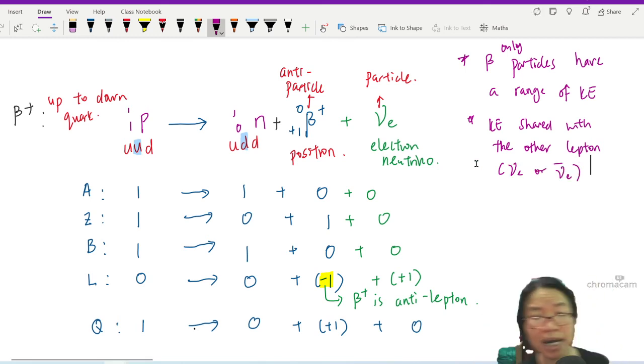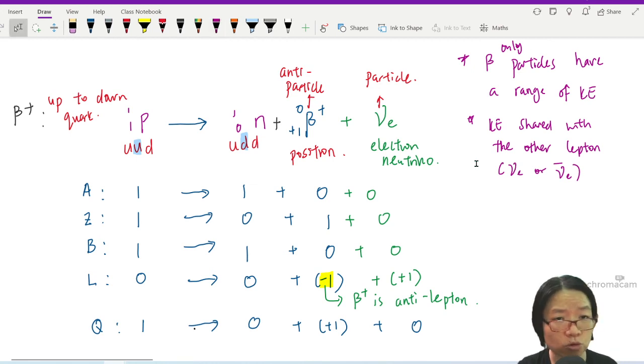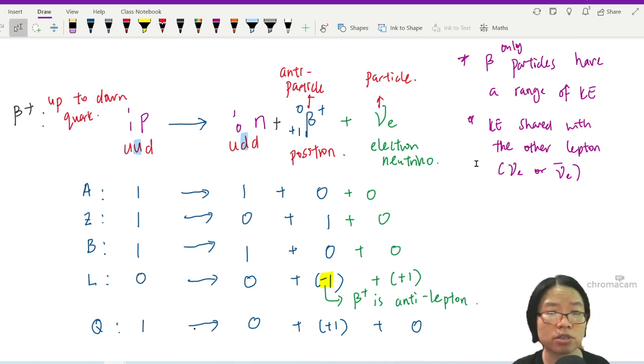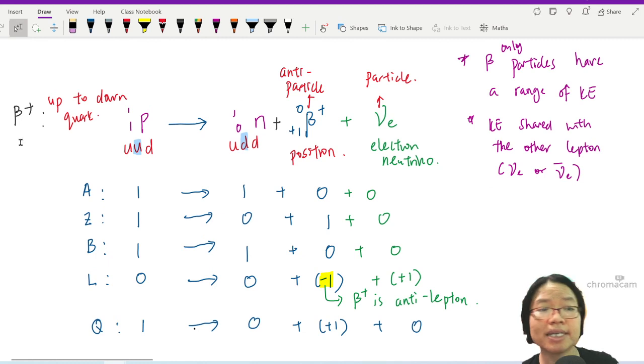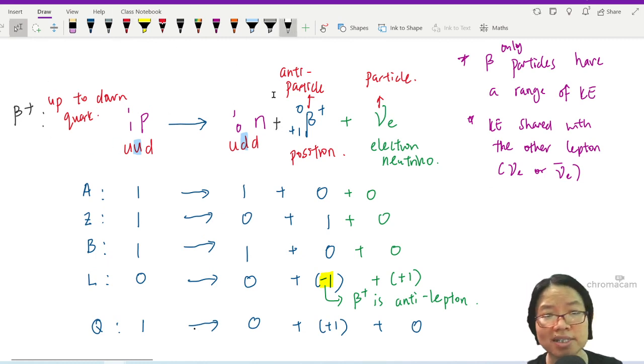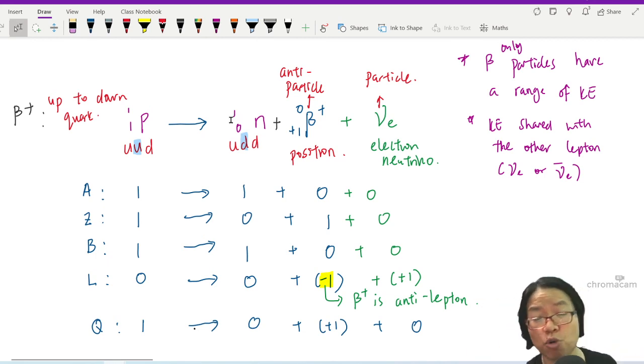Because their masses are similar, so during this decay, when they separate, they will take a portion, they will share the kinetic energy. This will not happen for alpha because the mass difference of alpha and the parent and daughter nucleus is very big. So normally this decay doesn't happen in isolation. This one is inside a big nucleus. So their KE is very small.